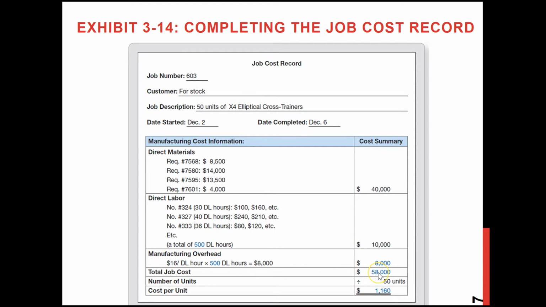And the total cost for job 603 is 58,000. For this job, we actually produced 50 cross trainers. So this total cost is for 50 cross trainers. If I divide it by 50, we will figure out the cost per cross trainer, which is really very important for a manufacturing company.